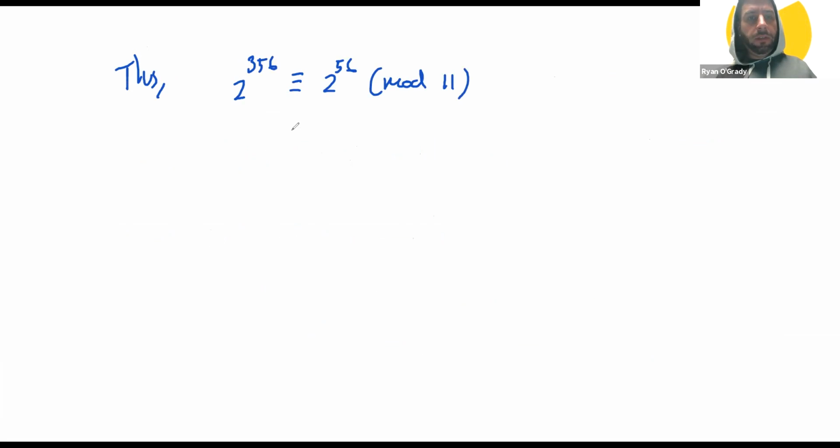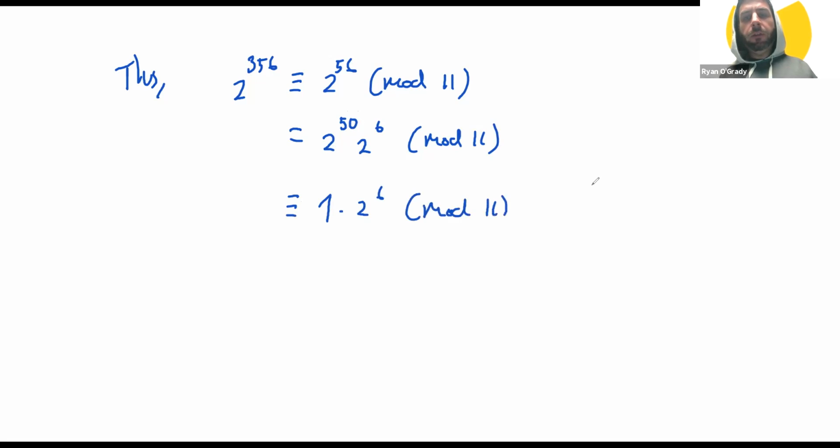Another way of thinking about this is 2 to the power 50 times 2 to the 6th mod 11. And because 50 is a multiple of 10, by Fermat this is congruent to 1 times 2 to the 6th mod 11.